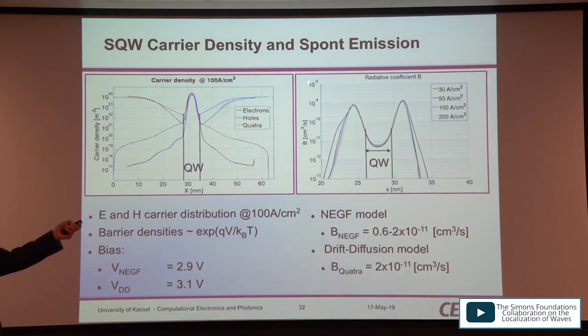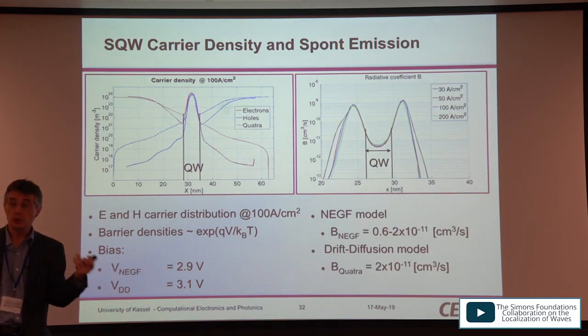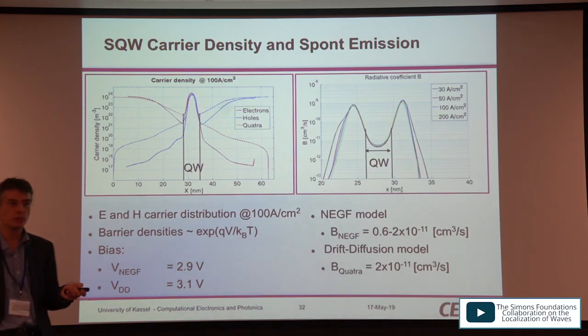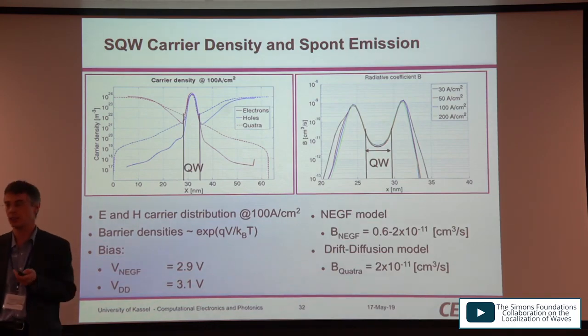So this is the B that we extracted out of this exercise. And you see that around the quantum well, the B is on the order of 0.6 to 2 times 10 to the minus 11 cubic centimeters per second. In typical drift diffusion models, you use numbers like this. So it's quite comparable, and we can also be actually confident that the radiative recombination model works in this method.